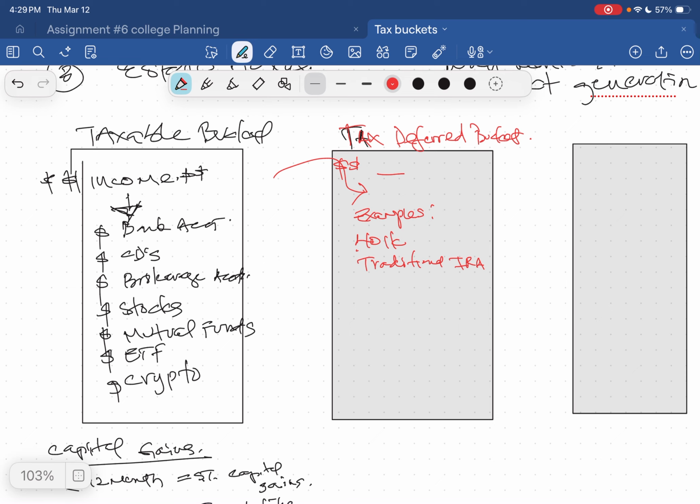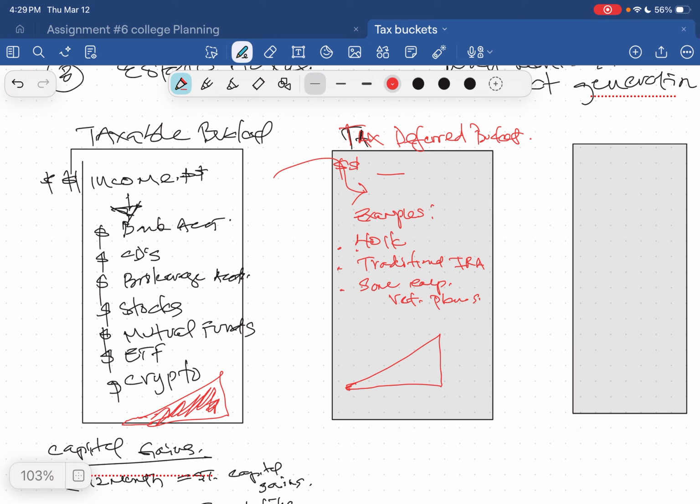There are also some employers' retirement plans that might qualify here as well. The benefit here is that the money grows over time and you don't have to pay taxes during the growth years. It's only when you start taking the money out in retirement. So if we see a growth curve like this, this one is taxed all the time, the whole time, while the money's growing.